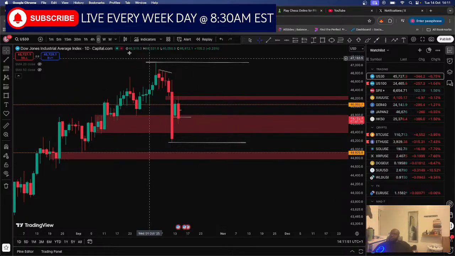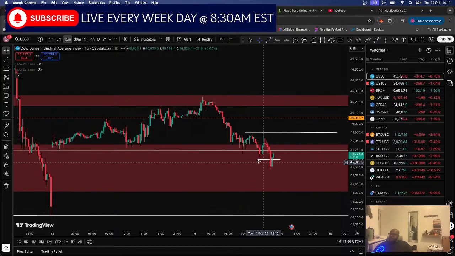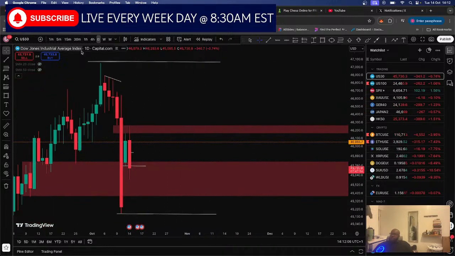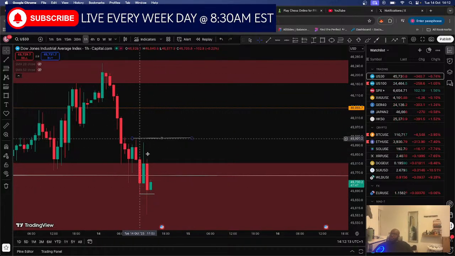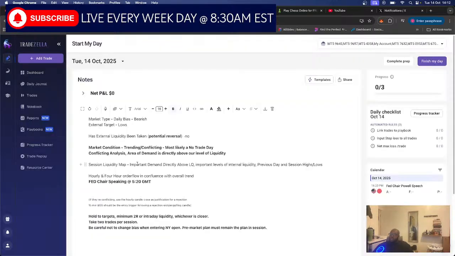And at this current moment in time, we have already swept our London session low inside demand. So the next level of liquidity right below it is our previous day's lows. For us to actually have a confirmed trade entry into this position, we need to see one more confluence, which would be we need to see this candle close green and shift structure to the upside, and that would happen at 3 o'clock or within the next 45 minutes after the open of the session.